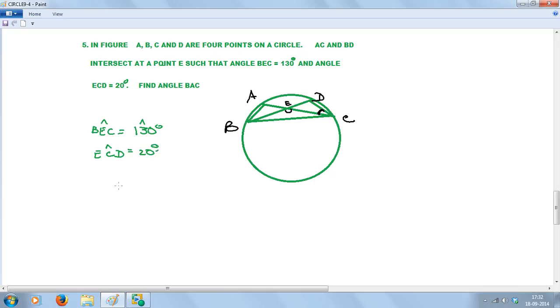These two are given. Now we know angle BAC is equal to angle BDC, the angle subtended by the same chord BC.